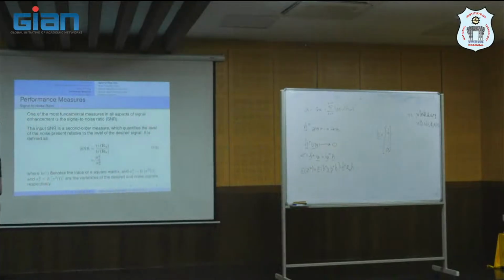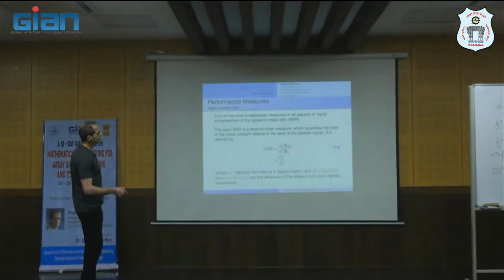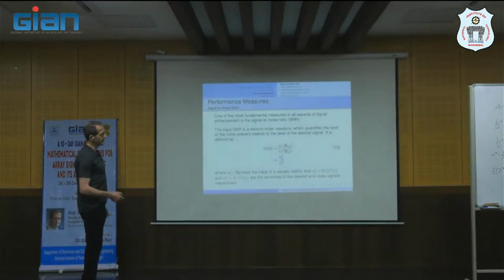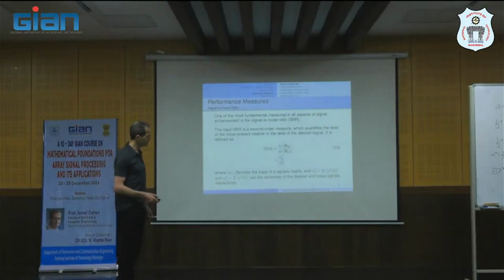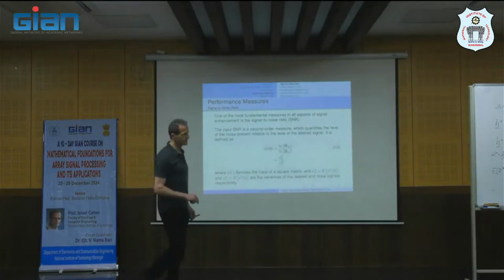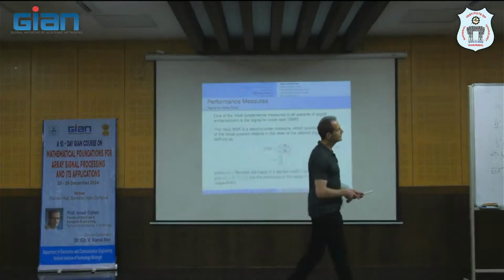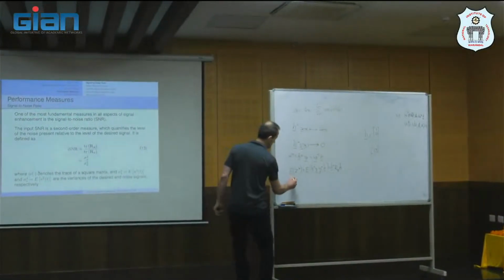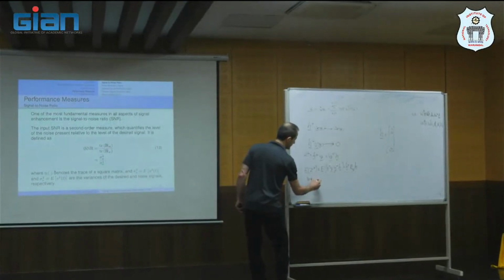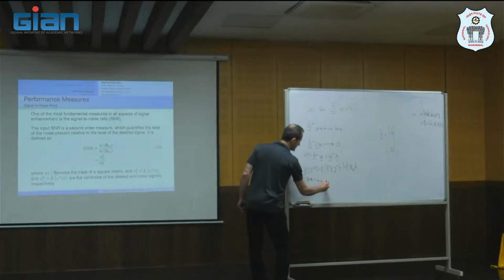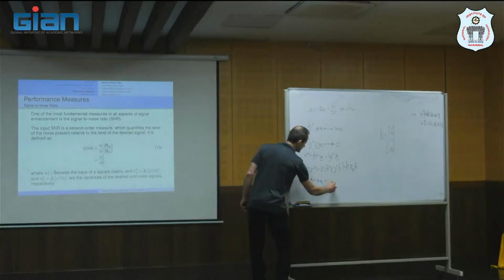So we can define the input signal to noise ratio. What does it mean? In the original signal, we have Y t equals X t plus V t.